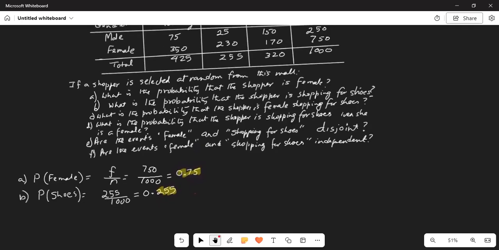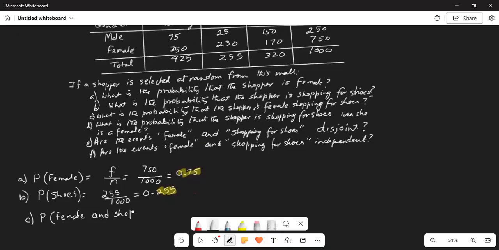What is the probability that the shopper is female shopping for shoes? Part C, female shopping for shoes. So this is to be written as female and shopping for shoes, where 'and' is intersection.